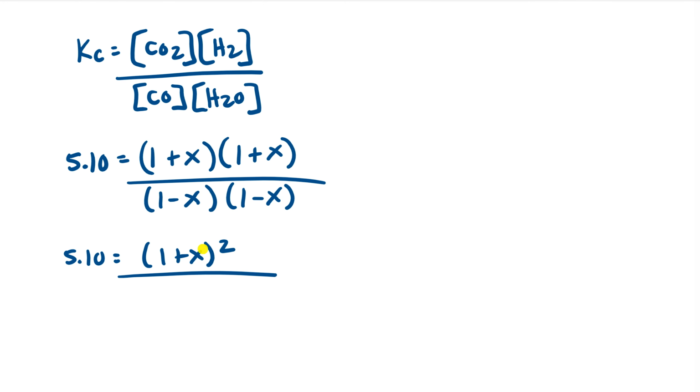In the denominator, we can do the same thing. I have the quantity of 1 minus X squared. So we have a perfect square in the numerator and a perfect square in the denominator.